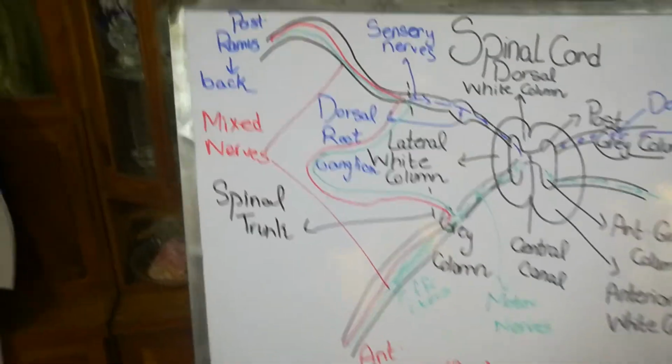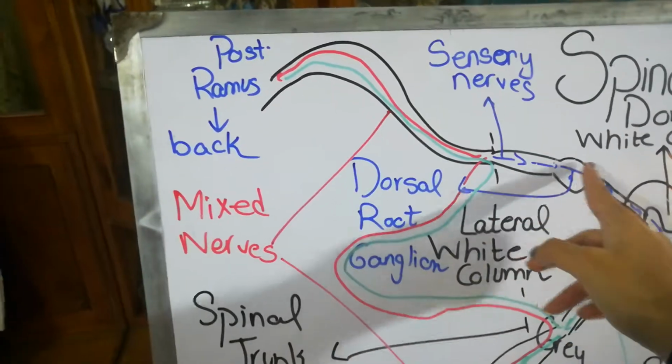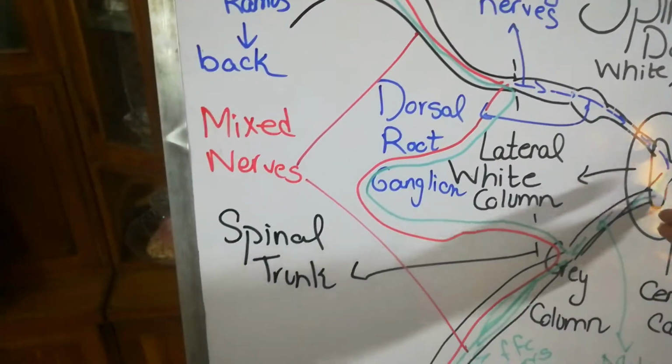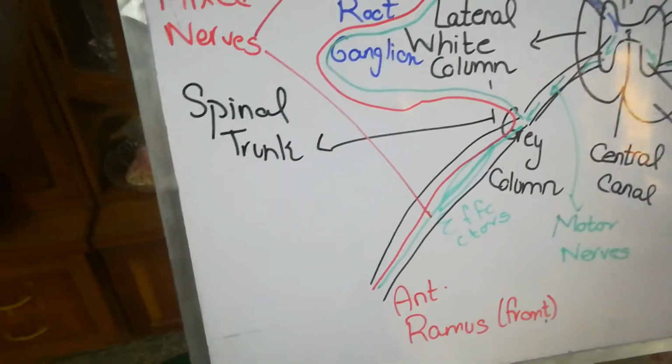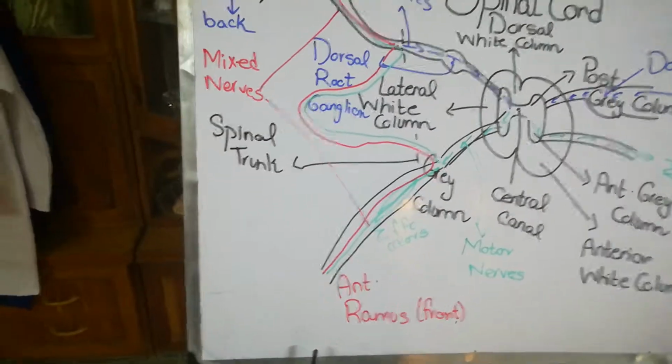Because right now, what we have seen in this diagram is that only sensory nerves are in the posterior root and motor neurons are in the anterior root. But that is not the case in the body.